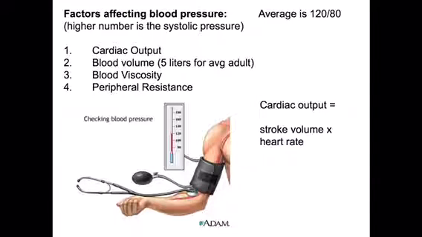Okay, so some things that affect blood pressure. Cardiac output, so how much blood is coming out. The volume of your blood, so how much blood do you have in your body. 5 liters is the average for an adult. Your blood viscosity. Viscosity is how thick is your blood.